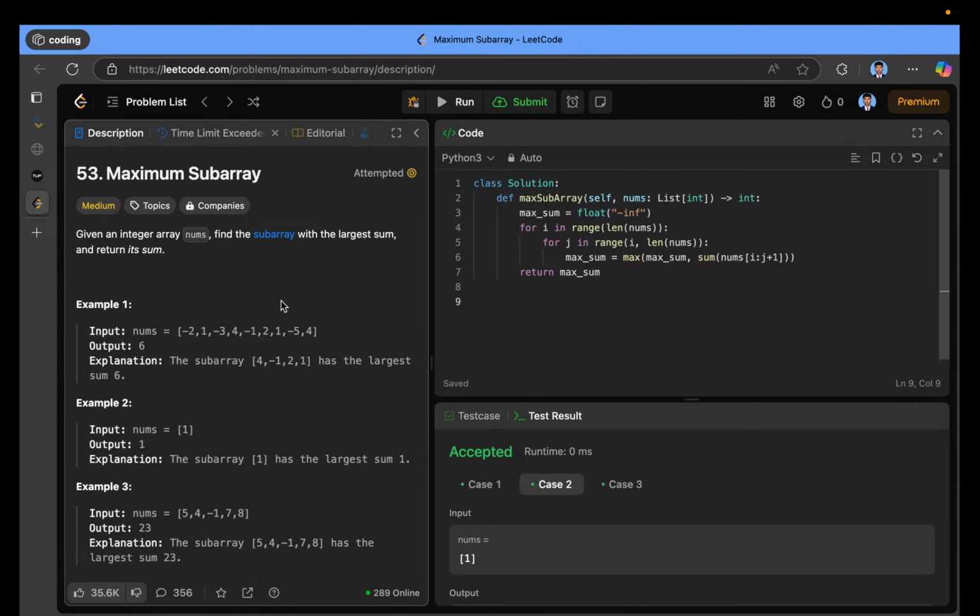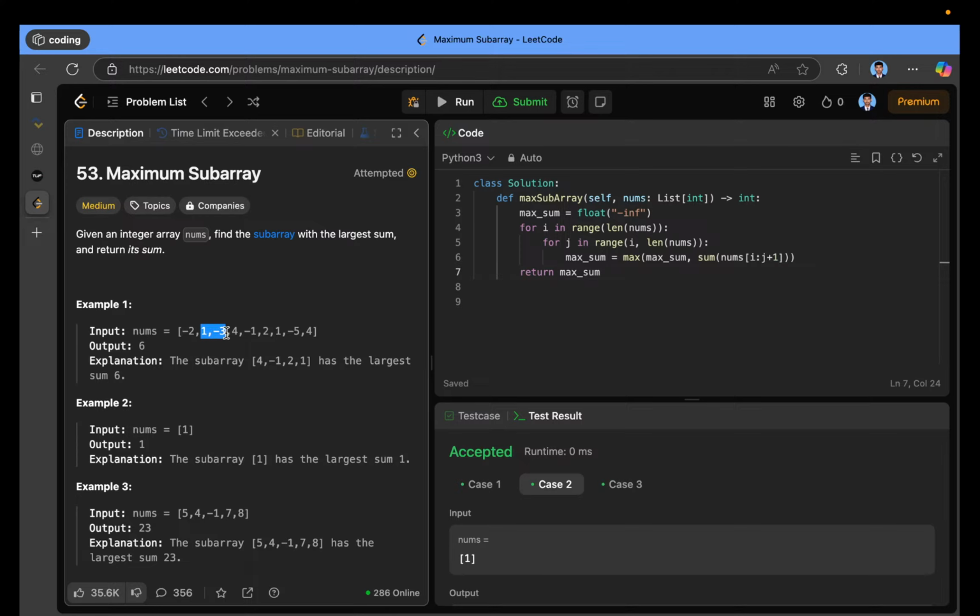So now, what can we do? What will be our second way to solve this? Like I should take -2 first. It is negative, then go to the second one. It is 1, positive.